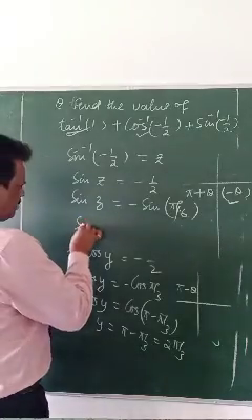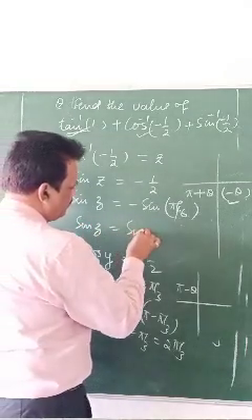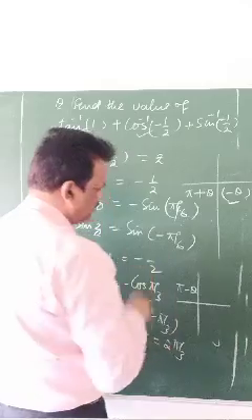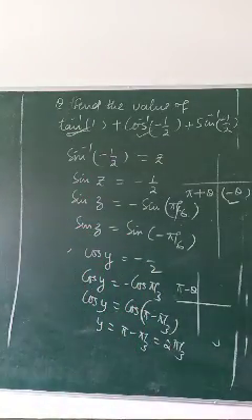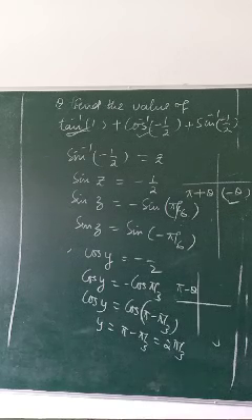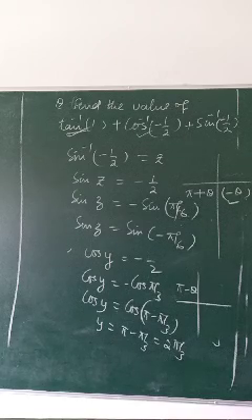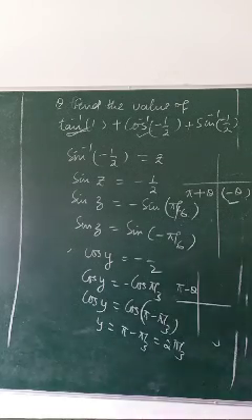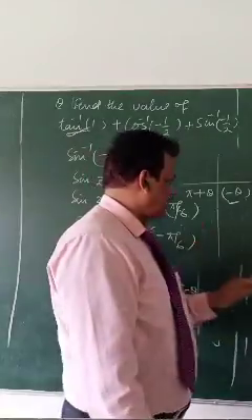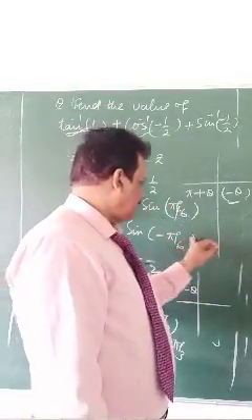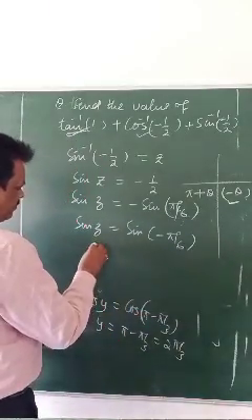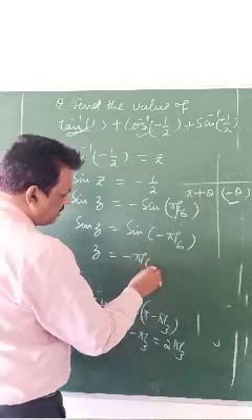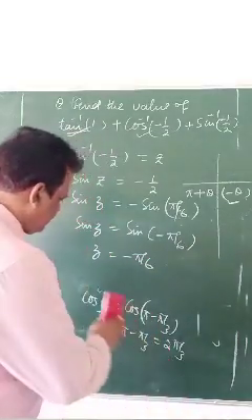You can write sin z equals sin of minus pi by 6, because minus pi by 6 lies between minus 90 to plus 90. So z equals minus pi by 6.